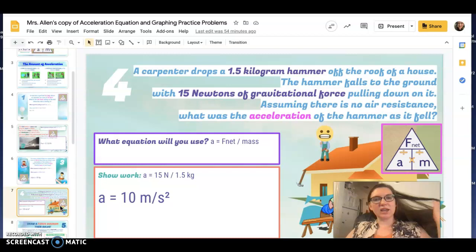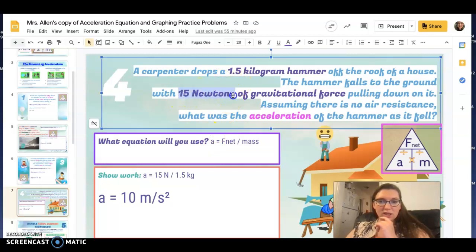Okay, and next one: a carpenter drops a 1.5 kilogram hammer off the roof of a house. The hammer falls to the ground with 15 newtons of gravitational force pulling down on it. Assuming there is no air resistance, what was the acceleration of the hammer as it fell? So we're looking for acceleration, and I see we have the net force right here and the mass right there.